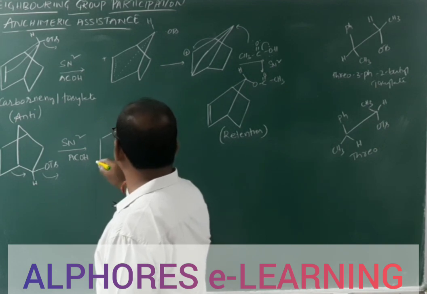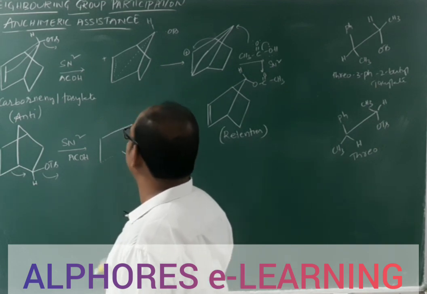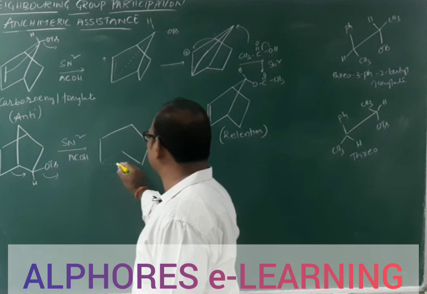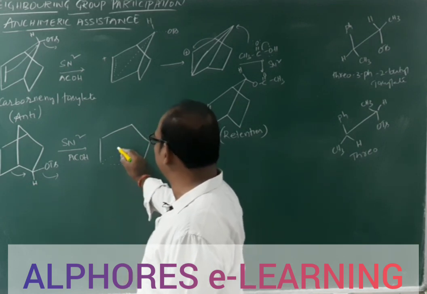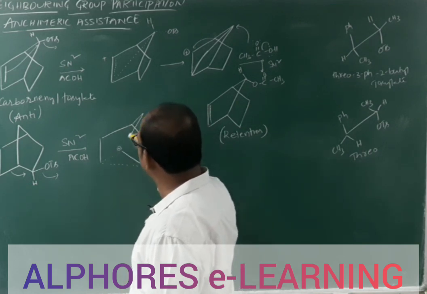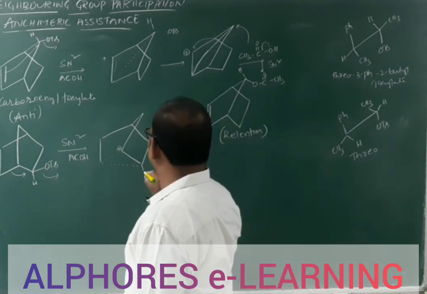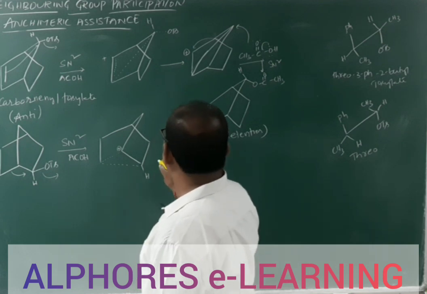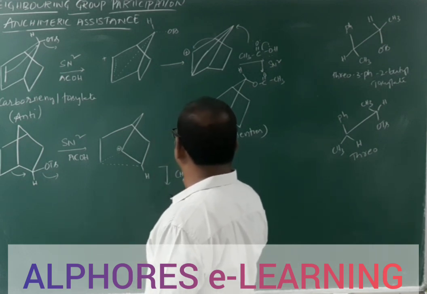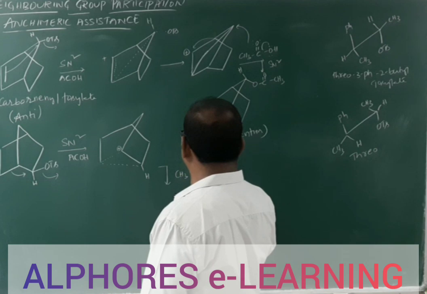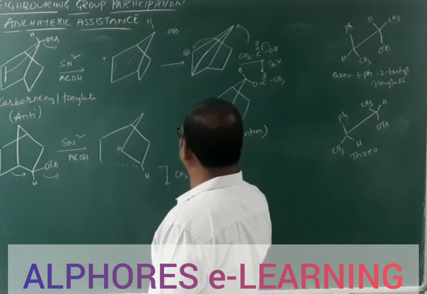This single bond is going to break, and in between these 2 carbon atoms a single bond formation takes place. Now this carbon is going to bear positive charge like this. Here OTS leaves, H remains, and upon this one comes the acetic acid molecule, CH3 C double bond OOH. Again this oxygen containing a lone pair is participating.